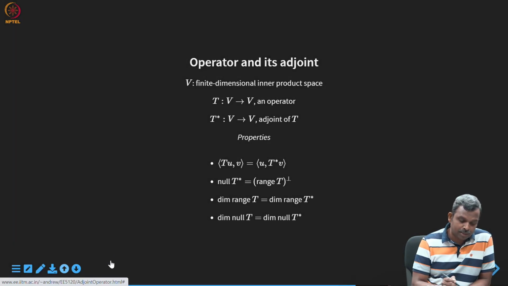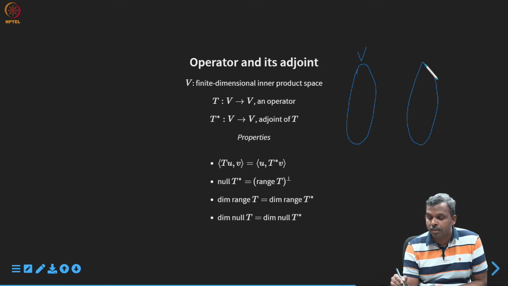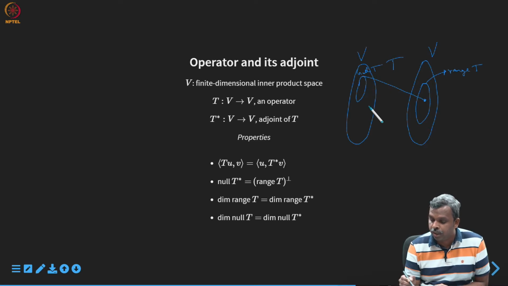So, let us draw a couple of pictures and then relate this to matrices. So, if you have V, T takes V to V, both of these are the same. T is going to take you from V to V. There will be a range of T, which is a general subspace, and then there is null of T. So, this is let us say null of T. Null of T takes you to 0 here, and then the entire V goes to range.